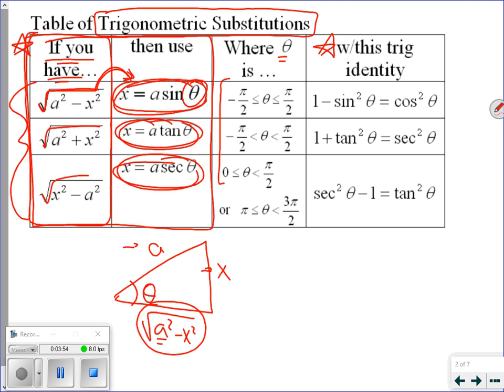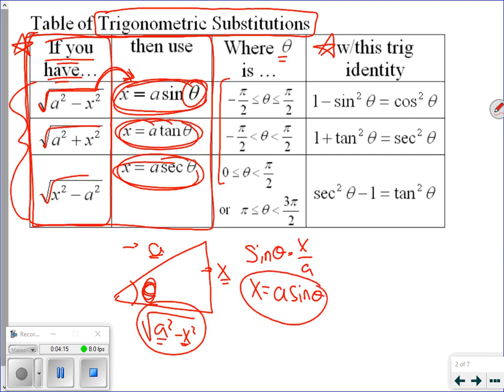with this a value and with this x value, then if I want to bring in a function of theta, well, I know what a and x are. I know that relationship is opposite over hypotenuse, which is sine. So thus, x equals a sine of theta.